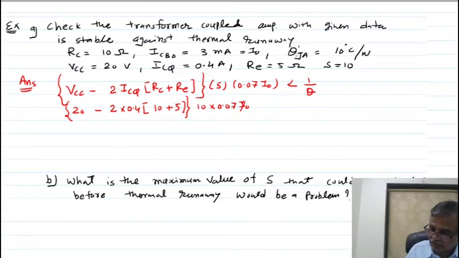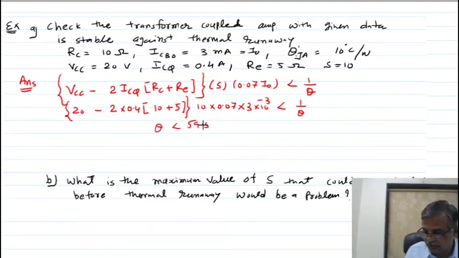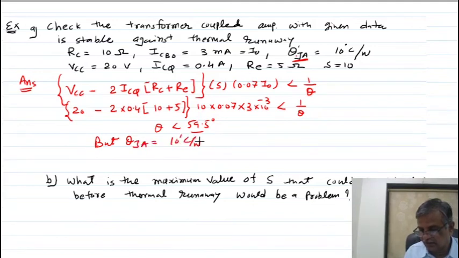I0 is nothing but 3 milliampere, which should be less than 1 upon theta. From this you can find theta should be less than 59.5 degree. This value should be less than this. So the condition is satisfied. But theta JA is 10 degrees centigrade per watt.